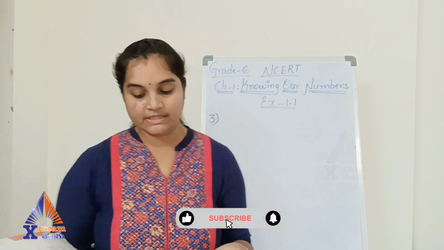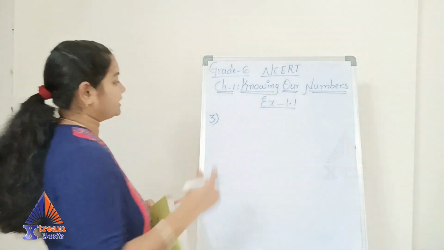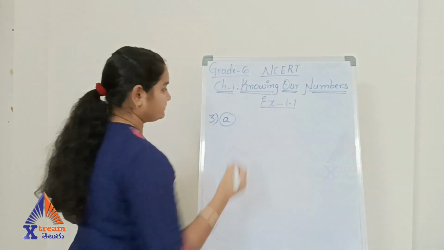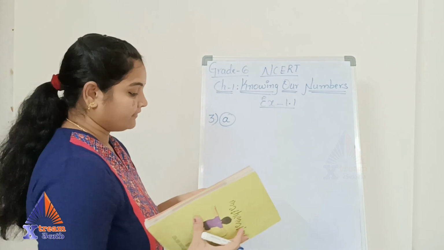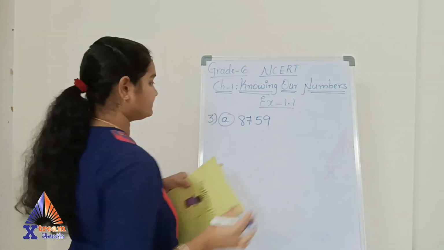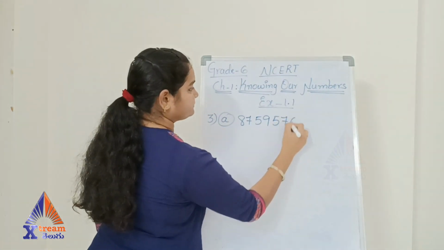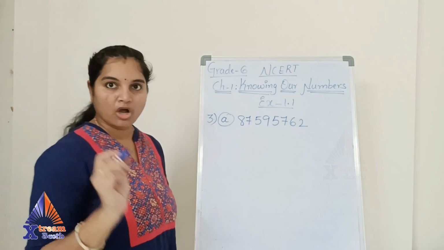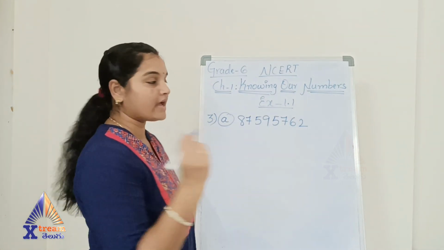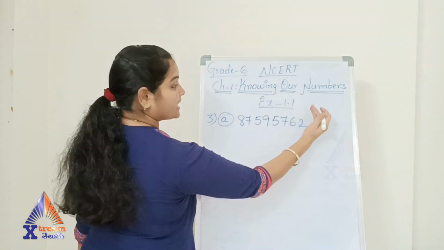So the first one is the Indian system. According to the Indian system, we are going to write it. The first number is a big number. We have 8, 7, 5, 9, 5, 7, 6, 2. Now giving the commas. Whenever we give commas, we have to start from the right side of the number, not from here. We have to start from here.